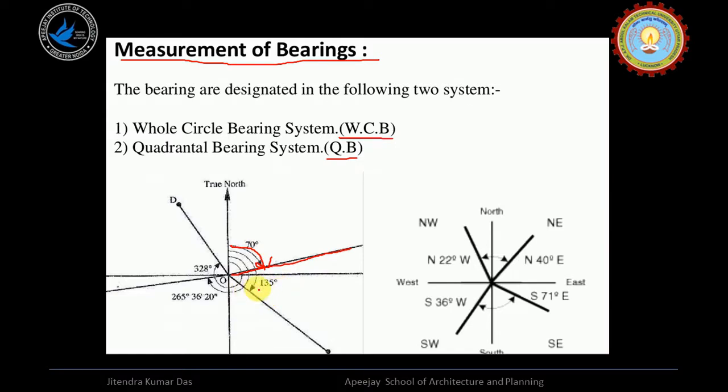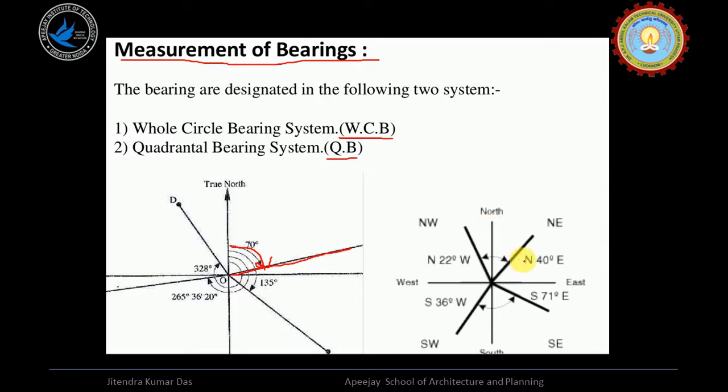Similarly, 135 degrees for a line in the second quadrant, and 265 degrees 36 minutes 20 seconds is the bearing of a line in the third quadrant. And similarly, for the fourth line, that is OD, its bearing in the whole circle bearing system is 328 degrees.